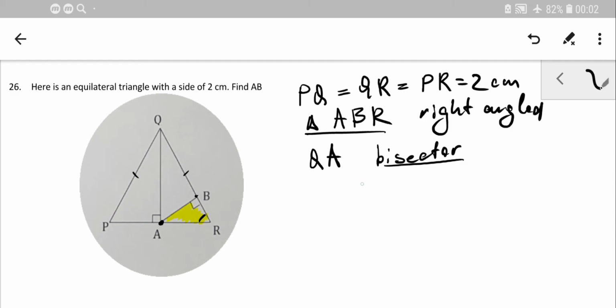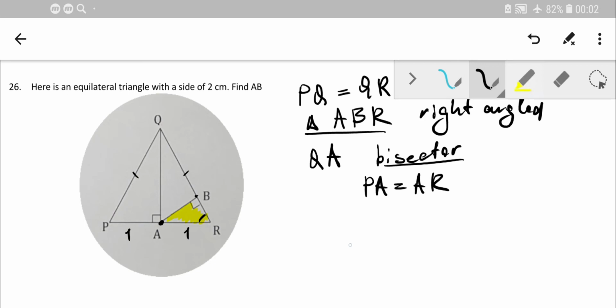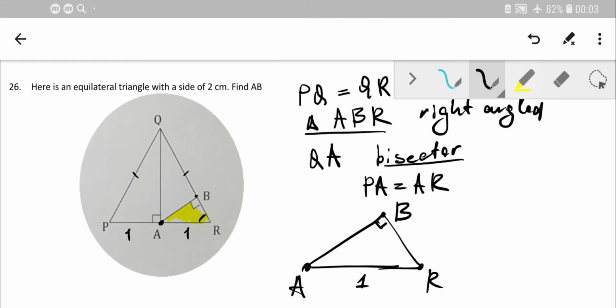So basically we can say that PA is equal to AR, and each one is 1 centimeter. So finally we have a right-angled triangle, and its longest side, the hypotenuse AR, is 1. By the way, because it's equilateral, the angle R is simply 60 degrees.